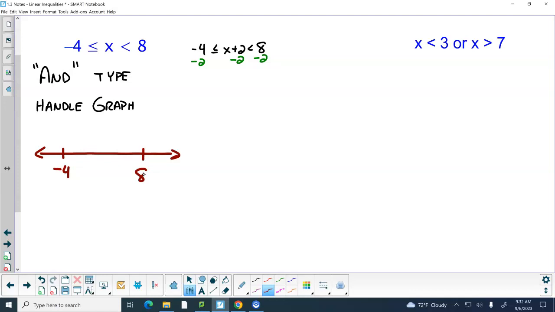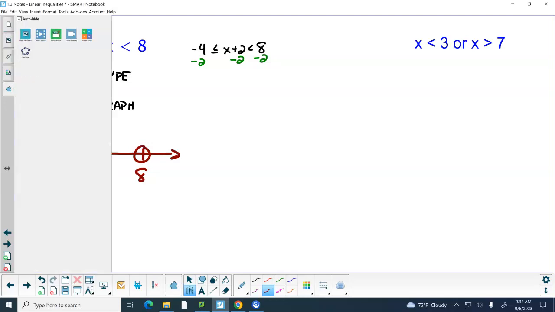Closed, because at -4 we have the equals part. At 8, is it open or closed? Open, because it's just less than there. So what this is saying now is I want all numbers that are bigger than -4, but smaller than 8. Well, that would be, whoa, cut the brakes.